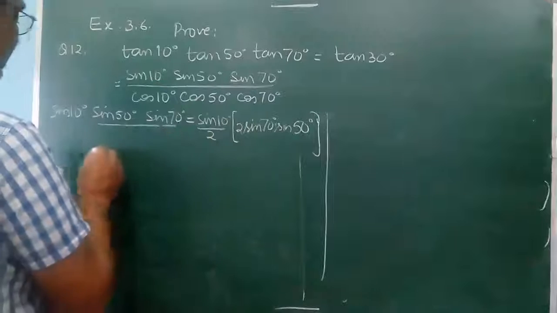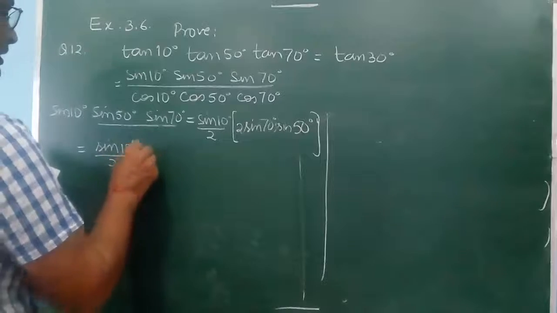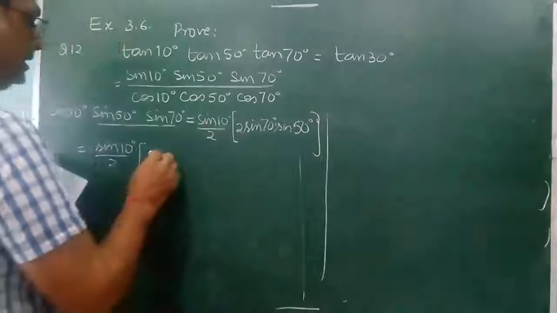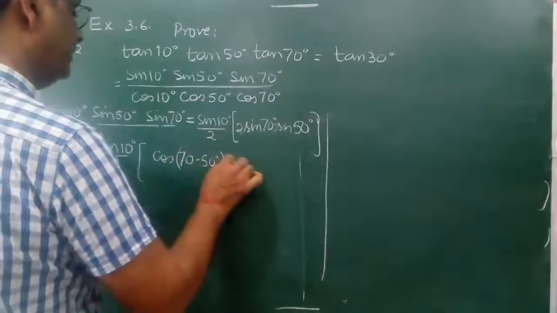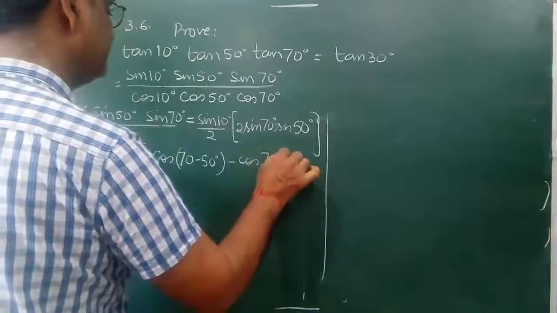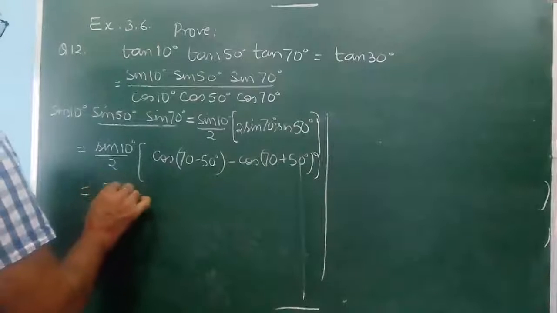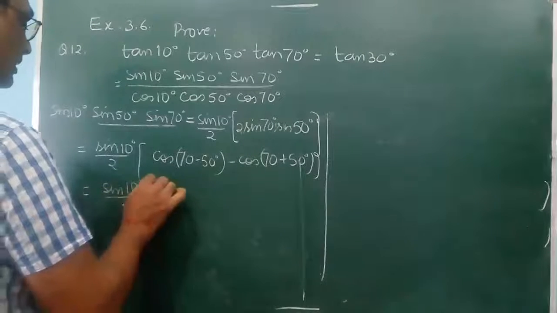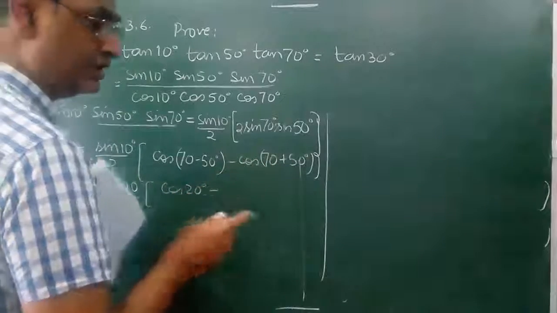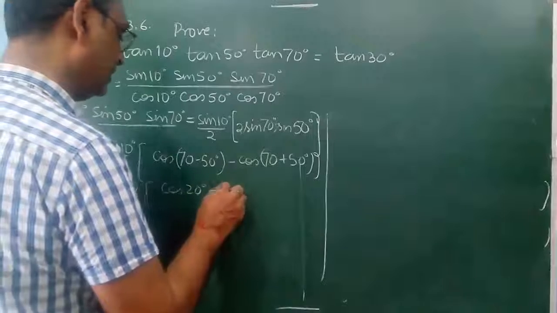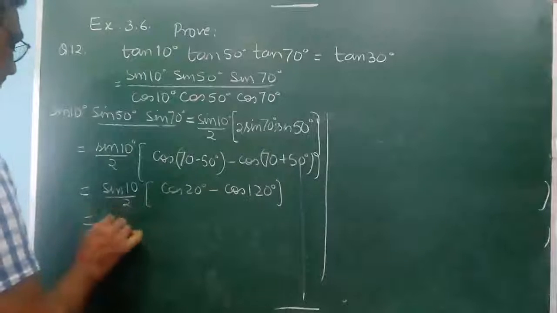This one we have got, this is sine 10 by 2, and now this is 2 sine A sine B, so means cos A minus B minus cos A plus B. This is sine 10 by 2, this is cos 20 minus cos 120, and cos 120 is minus cos 60 degree.